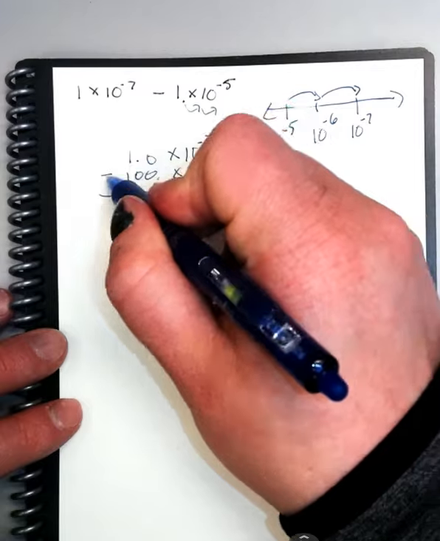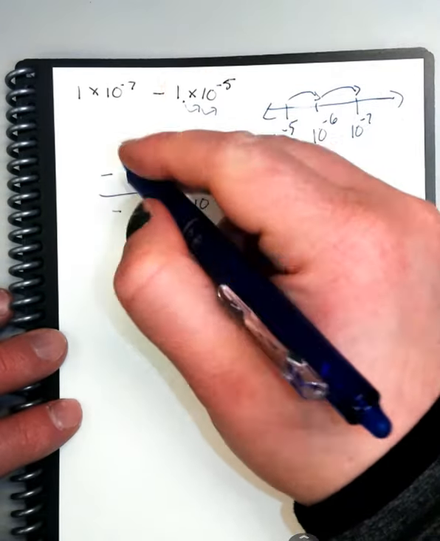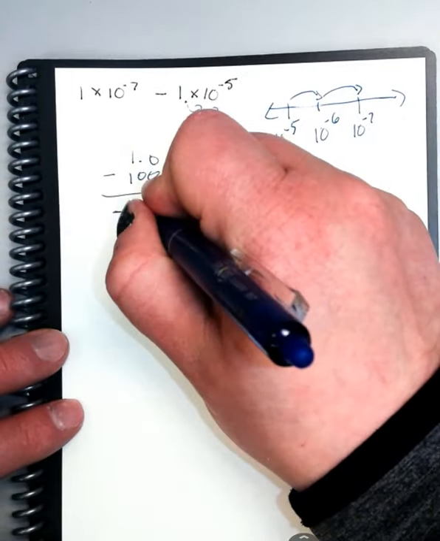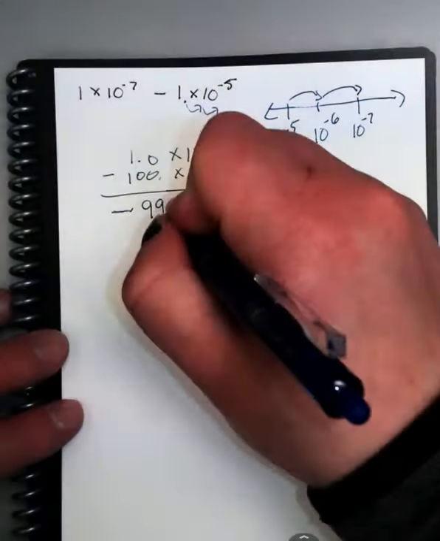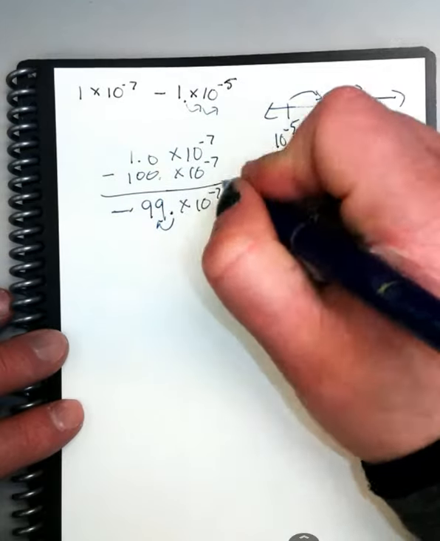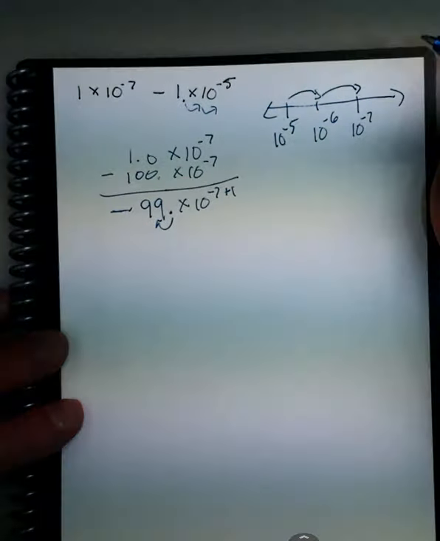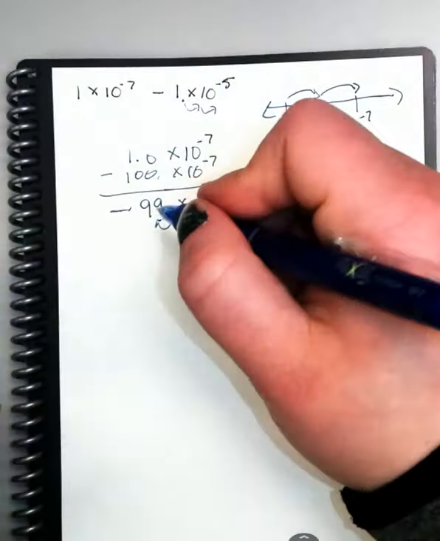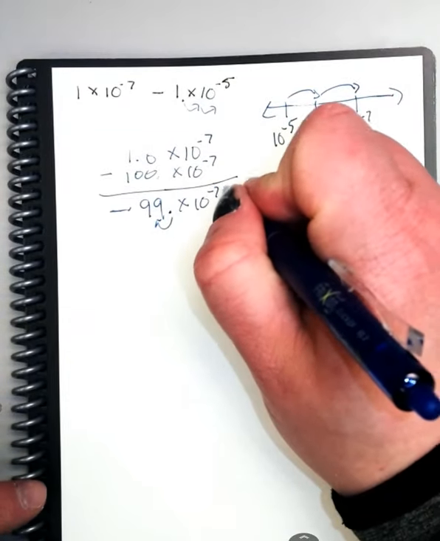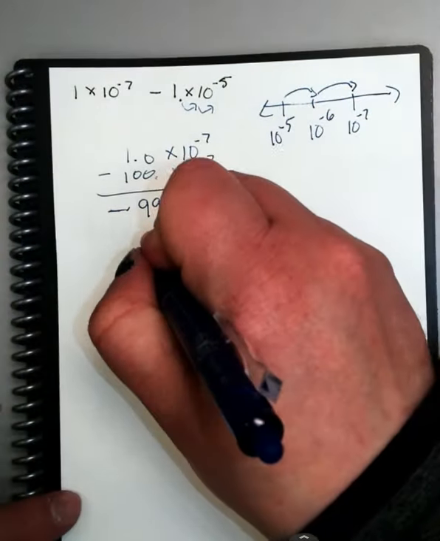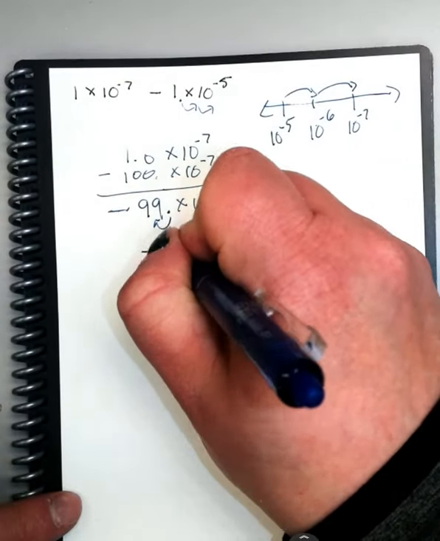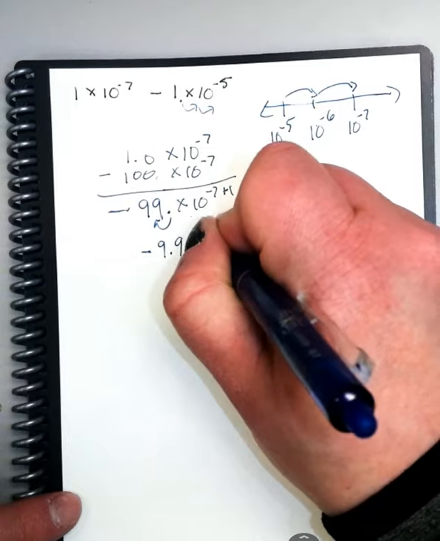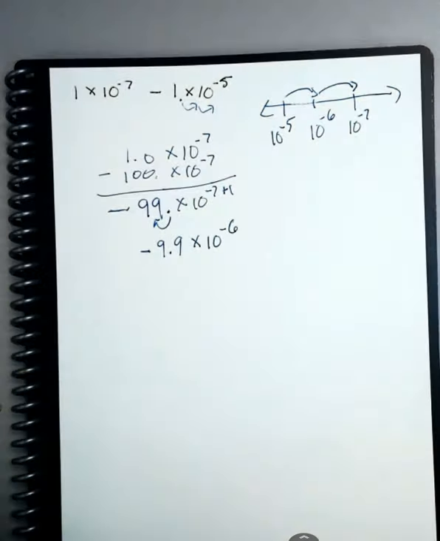And 1 minus 100 is going to be negative 99. I need to move my decimal point 1 place to the left, so I add 1 to my power. This is going to be negative 9.9 times 10 to the negative 6th power.